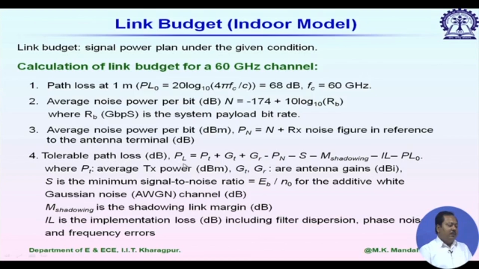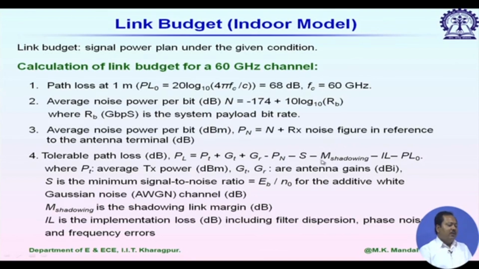Tolerable path loss PL, the previous formula, in addition to that we are considering M shadowing, the shadowing effect. For the human body it can be 15 to 20 dB.